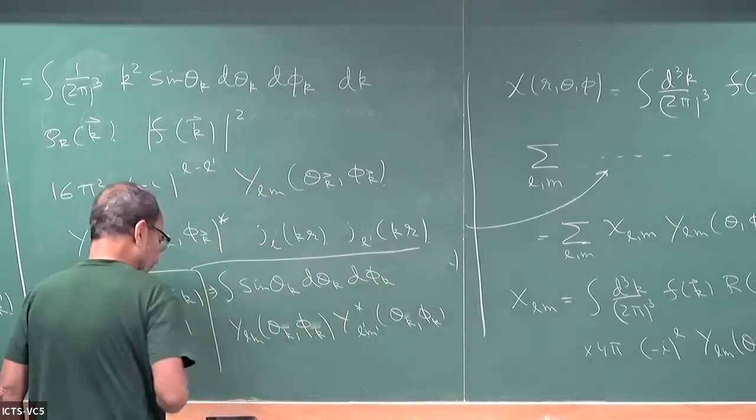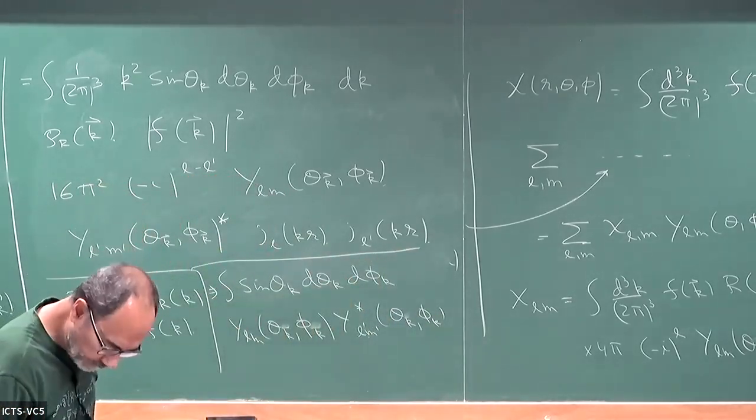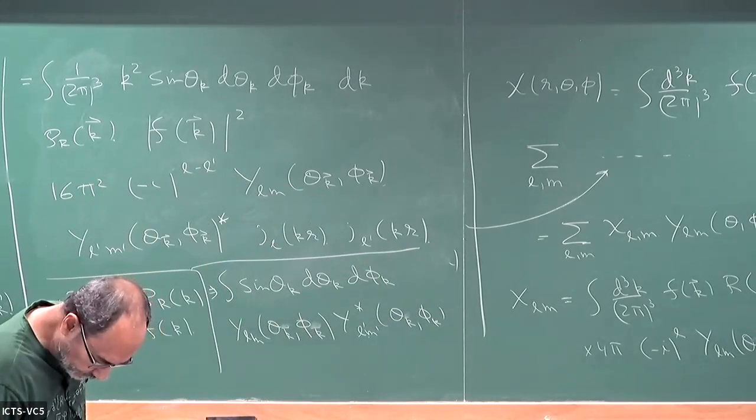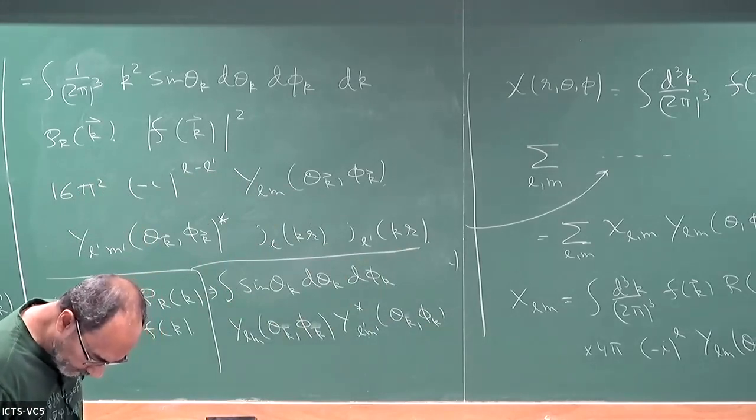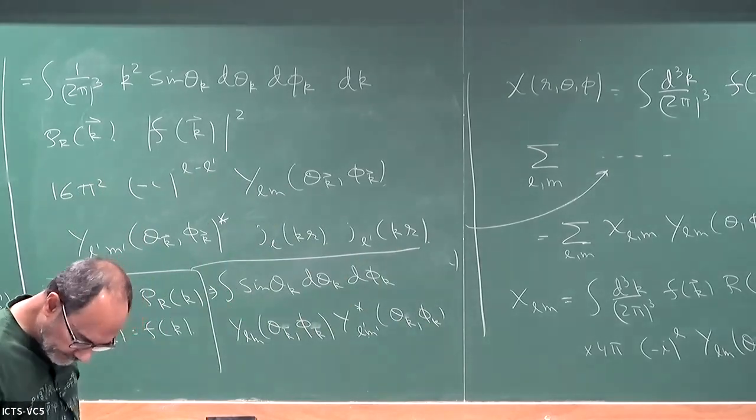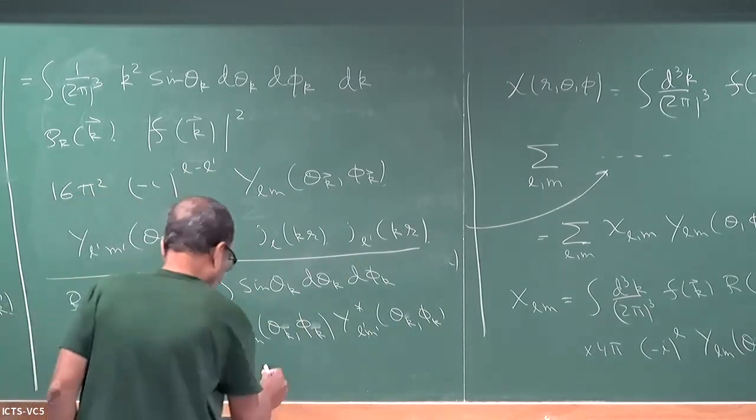So we get an integral of this form, and this one, with the normalization that I have chosen, is just delta l l prime delta m m prime.